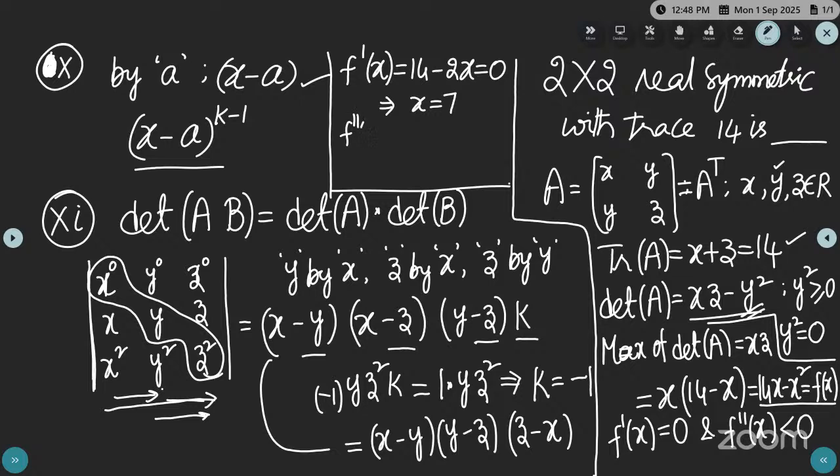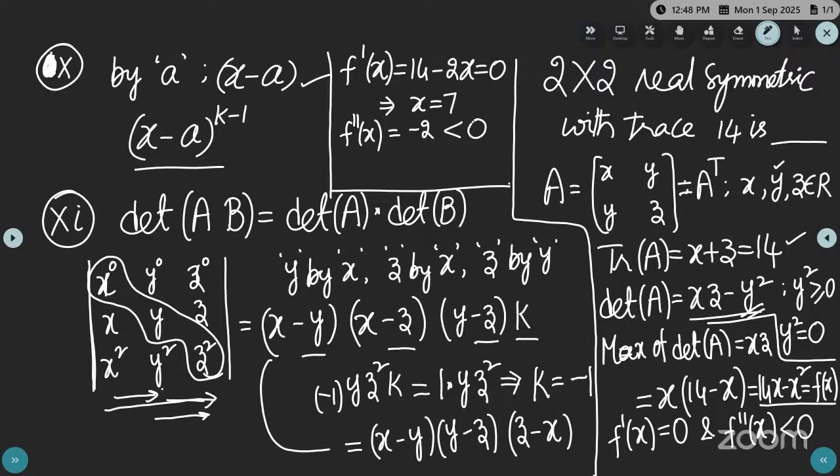Again, f double dash of x is minus 2, less than 0. So when x is 7, you get the maximum determinant.